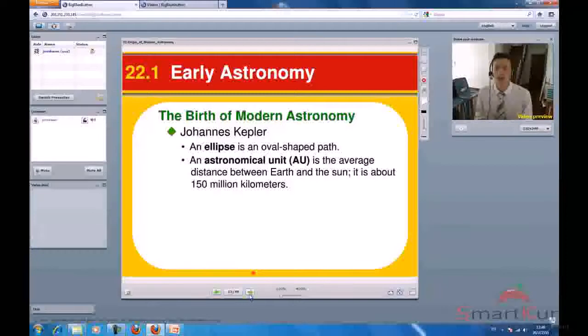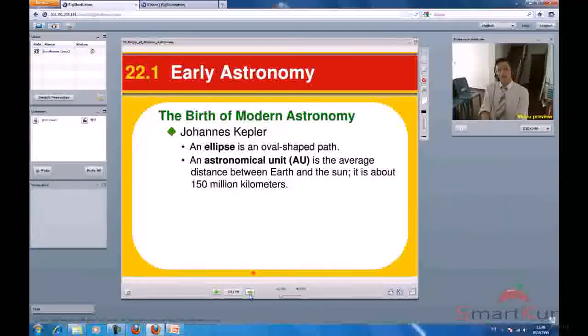When we measure distances like the distance from the sun to other planets in our solar system, like Jupiter, Saturn, Uranus, Neptune, we usually use the astronomical unit. Like we might say Mars is 1.5 astronomical units from the sun.